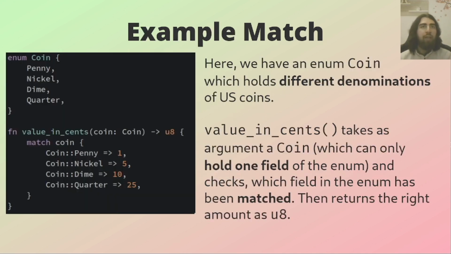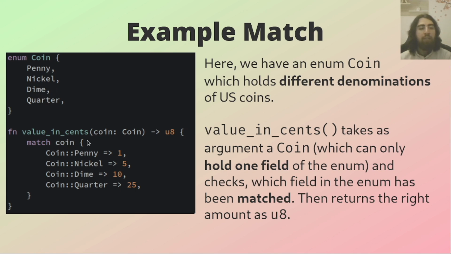So let's see an example. Over here we have a coin enum, and this enum holds variants of different denominations of US currency or US coins. And here we have a function value in cents. This takes as an argument a variant of type coin.